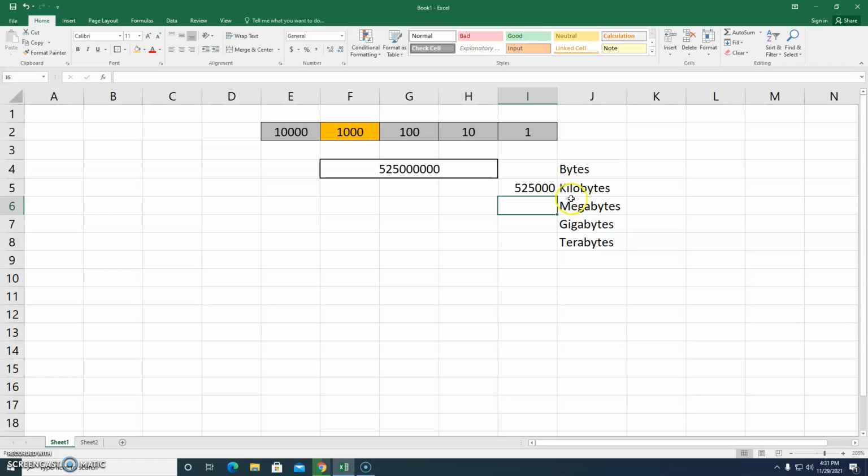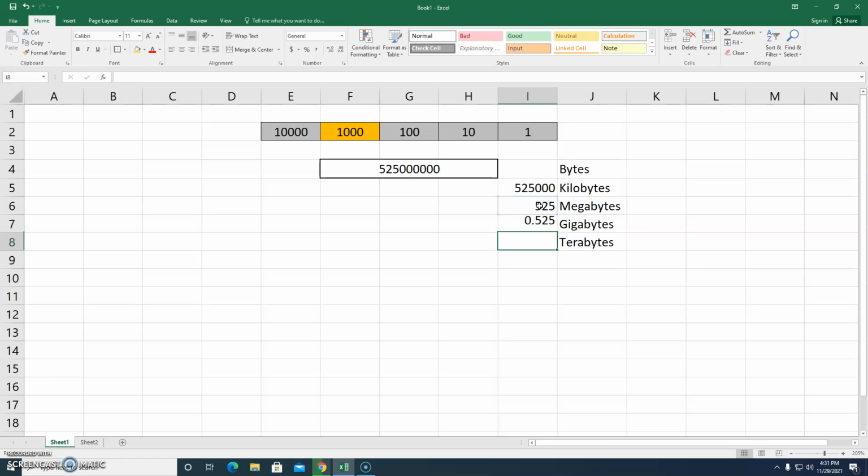And if I want to find out how many megabytes there are, I take that kilobytes value and divide it by 1,000. So there are 525 megabytes. If I want to find out how many gigabytes there are, I take the number of megabytes and divide that by 1,000.